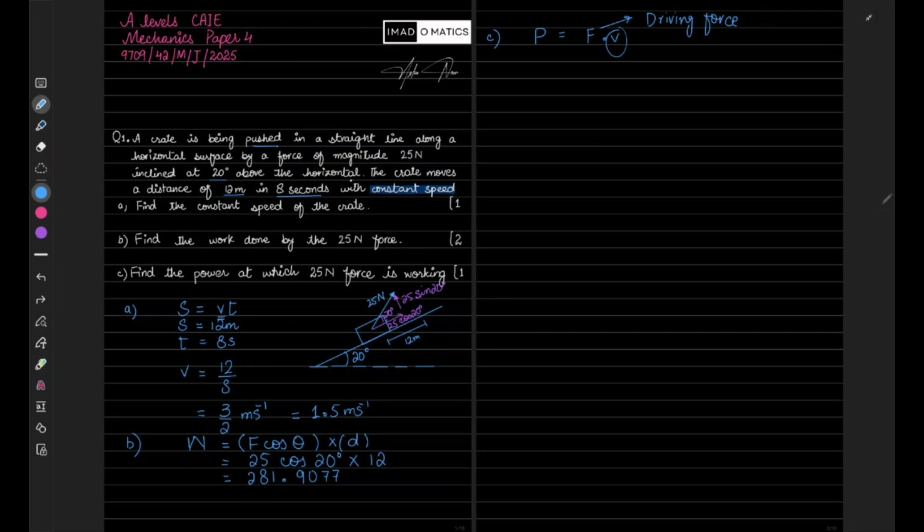So let's substitute that. What is the driving force? Again, the same thing: the force that is making it move along the displacement is 25 cos 20. So 25 cos 20 times velocity, which is 1.5 or 3/2.